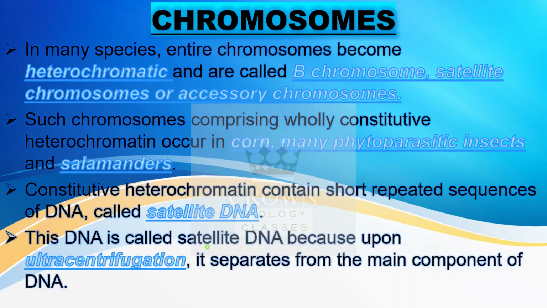The DNA is called satellite DNA because upon centrifugation, this is a specialized technique used to spin samples at exceptionally high speeds, and this technique uses an ultracentrifuge, which is a sophisticated and advanced centrifuge that operates at an extremely high speed and separates small molecules that cannot be separated by the traditional centrifuge. And through this technique, the main component of DNA is separated.